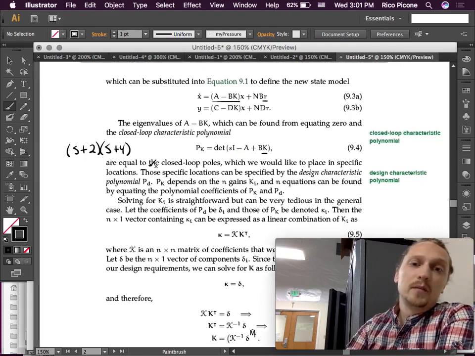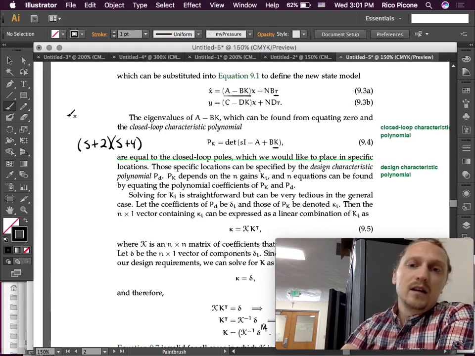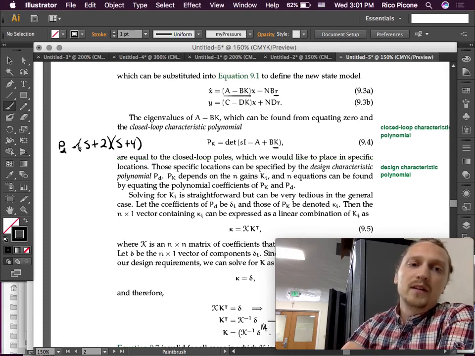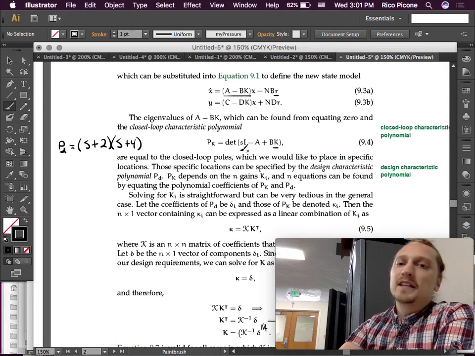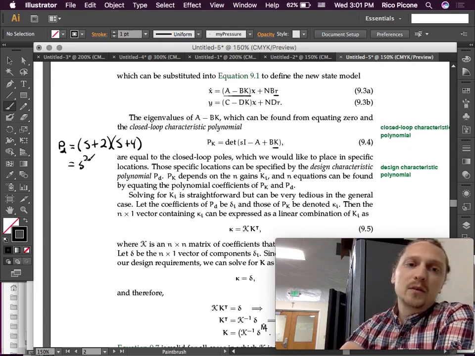So your PK would have to be equal to this. So this is our PD. It's our design. This is what we want. Our PK is going to be a second order polynomial. Our PD is going to be s squared plus 6s plus 8, right?